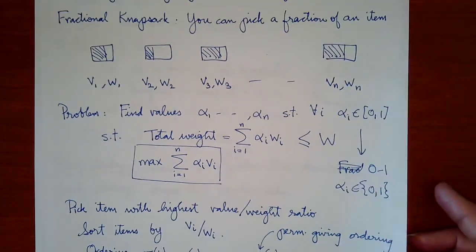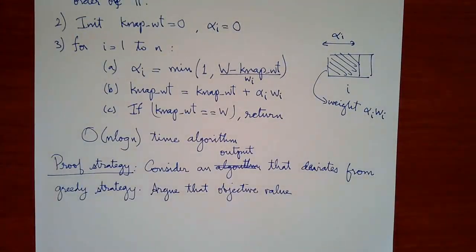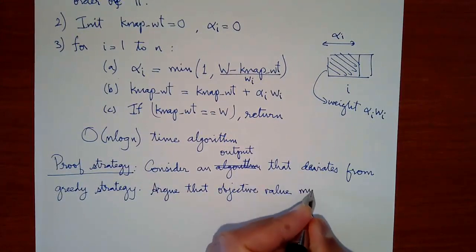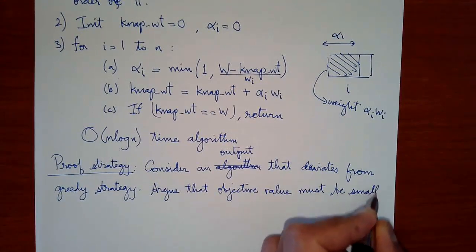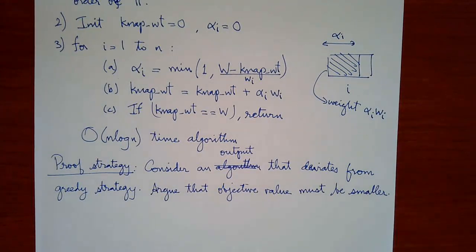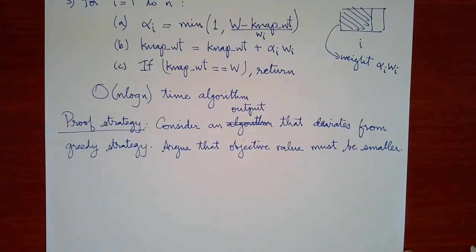So argue that the objective value must be smaller. Okay, this is going to be our strategy. Once you put it out in that form, then the proof is easier to do.